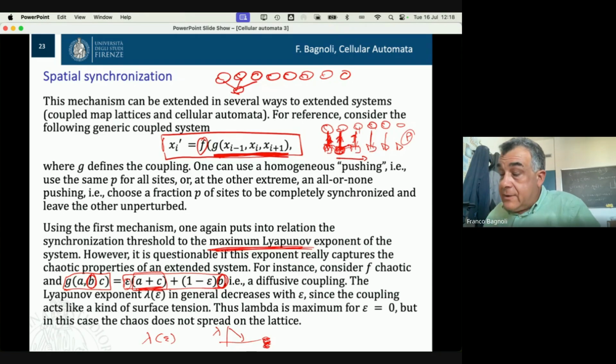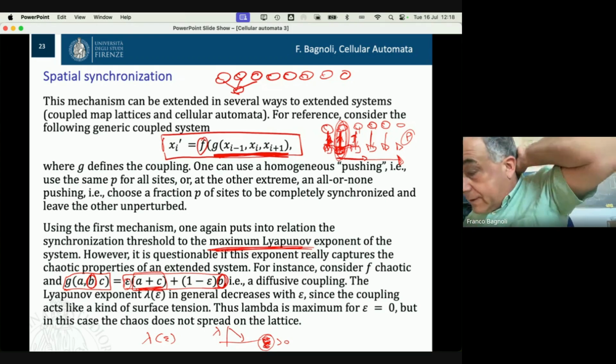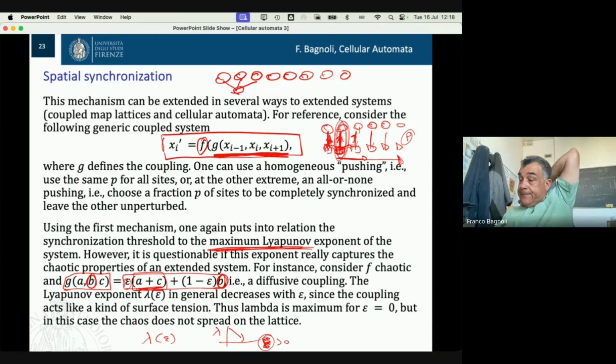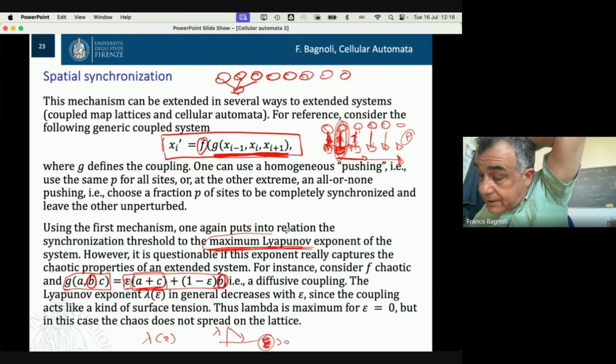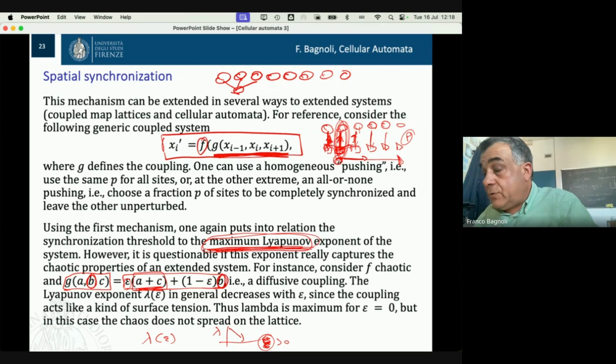So if you are considering whether a given perturbation can spread to neighboring sites, this happens for sure for epsilon greater than 0. Clearly you can define co-moving Lyapunov exponents and something like this, but the idea is that just considering the maximum Lyapunov exponent says little about the capacity of a certain perturbation to spread over the system.